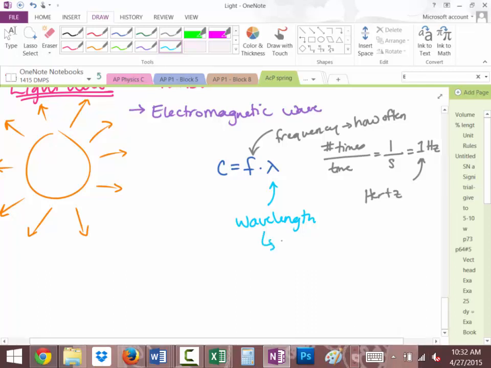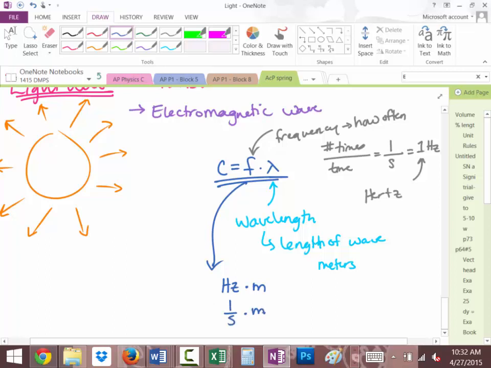So it's literally the length of the wave. Lengths are measured in meters. And if we look at the units carefully here, F is measured in hertz, and lambda is measured in meters, but we know that hertz is just 1 over seconds, times meters.